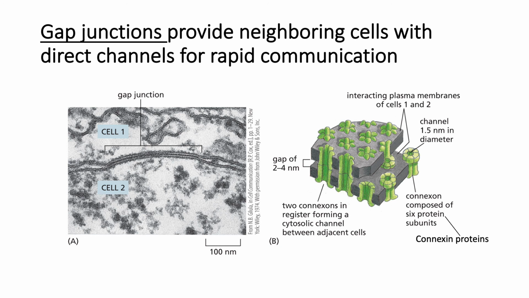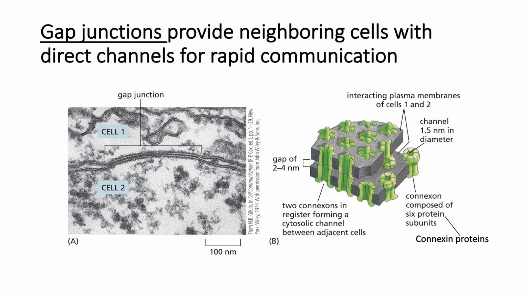So gap junctions are found particularly in cells that need to communicate with each other rapidly. It's almost as if you have a cluster of cells with many gap junctions, it becomes one cell, because the information that's passed to one cell is then passed to another cell through the gap junctions extremely rapidly.